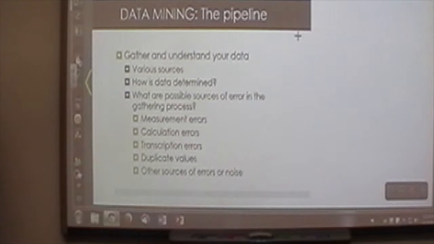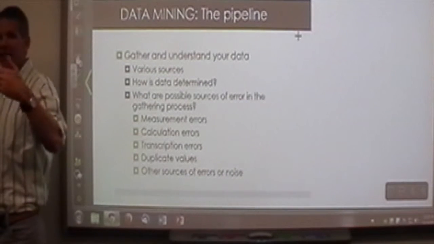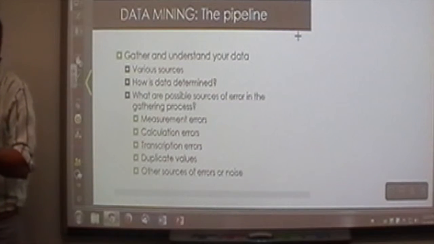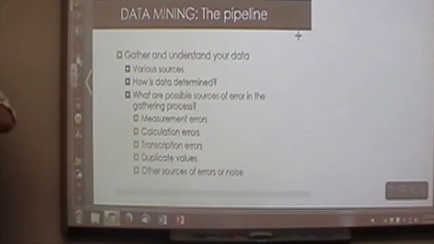Maybe not, because you're also going to have to play with the different algorithms. But the first thing is going to be to gather and understand your data. Coming from various sources, what's the format? How is the data determined? And again, I'm repeating what I talked about on Friday for those who were here, but what are the possible errors in your data?